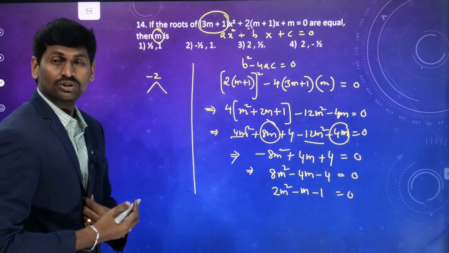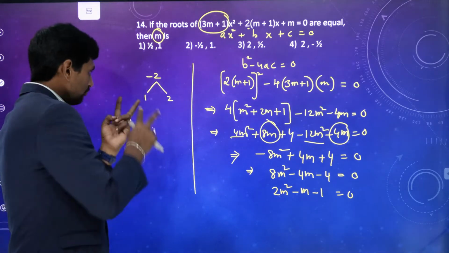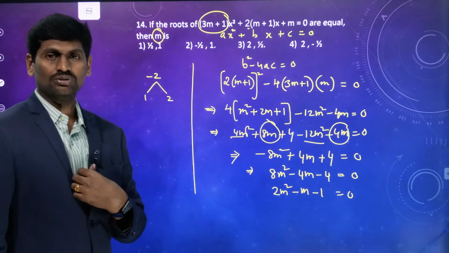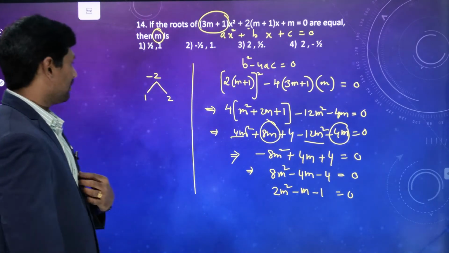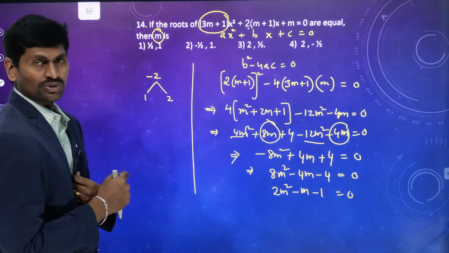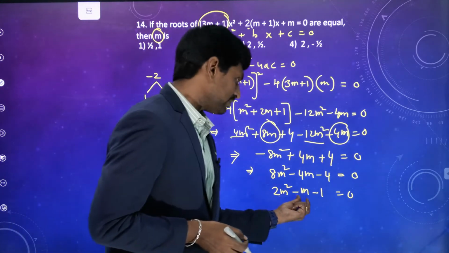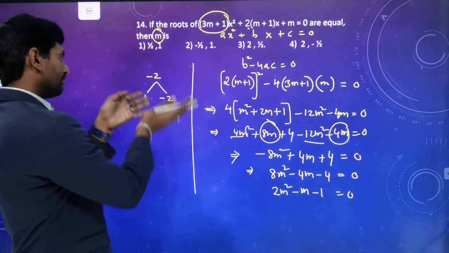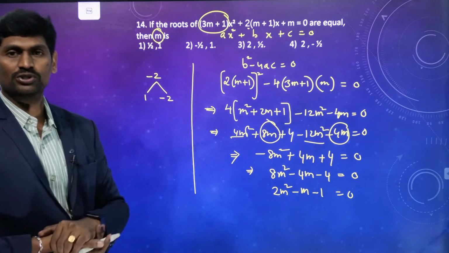What are the factors for 2? 1 twos are 2. Here if you multiply, you should get -2, and when you add, you should get the middle term. But 1 twos are 2, not -2. That means any one of them should take a negative symbol. I am taking the larger number as negative, because the middle term is negative now. If the middle term is positive, we can take the larger number as positive.